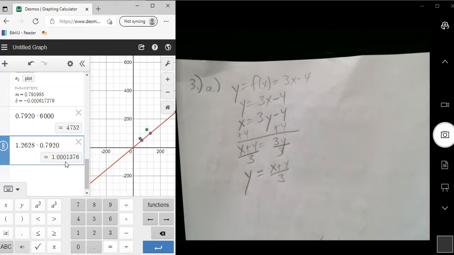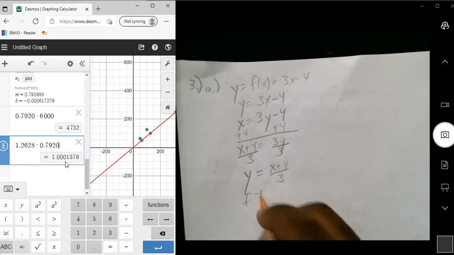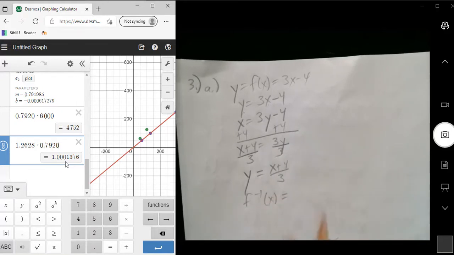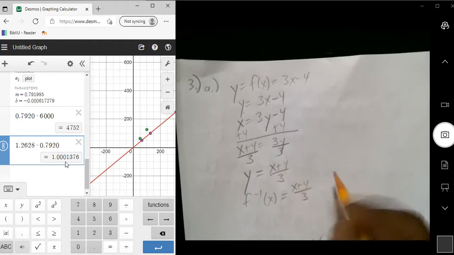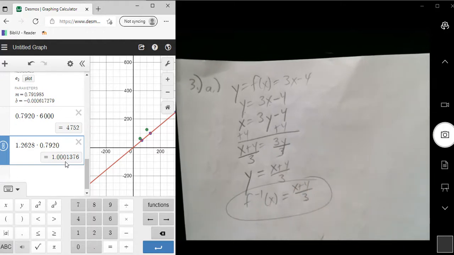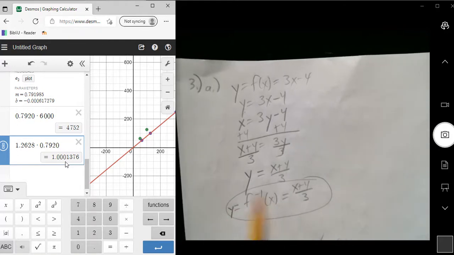Now, to rewrite this, we'll rewrite this as f inverse of x is equal to x plus 4 all over 3. Now, in some books, they also include y equals, but typically you would see it more so in this form.